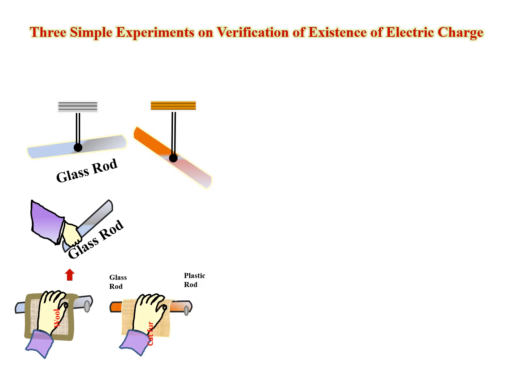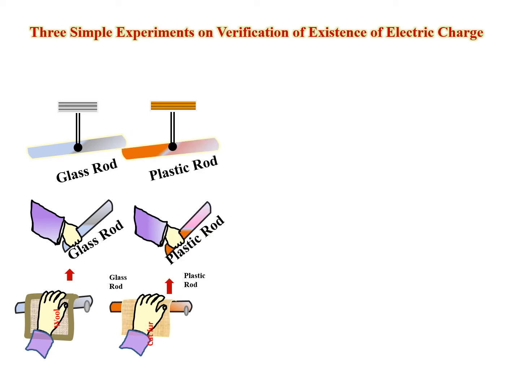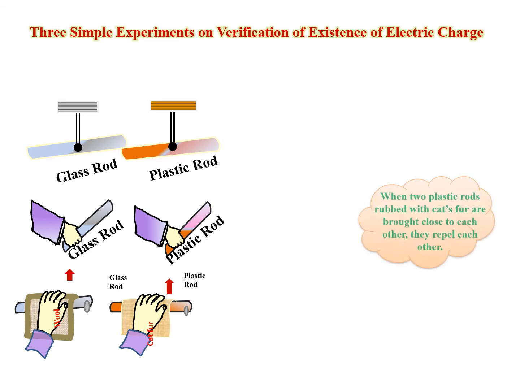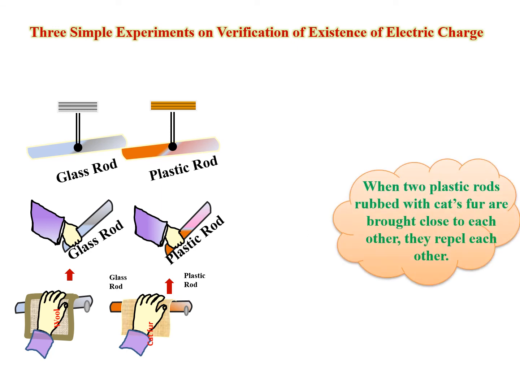Similarly, if you repeat the same experiment with a plastic rod, where one plastic rod which is rubbed with cat fur is suspended freely with the help of a silk thread, and then another plastic rod which is rubbed with cat fur is placed very close to the suspended plastic rod, both of them start repelling each other. So in both cases they repelled each other when they were rubbed with wool and cat fur respectively.